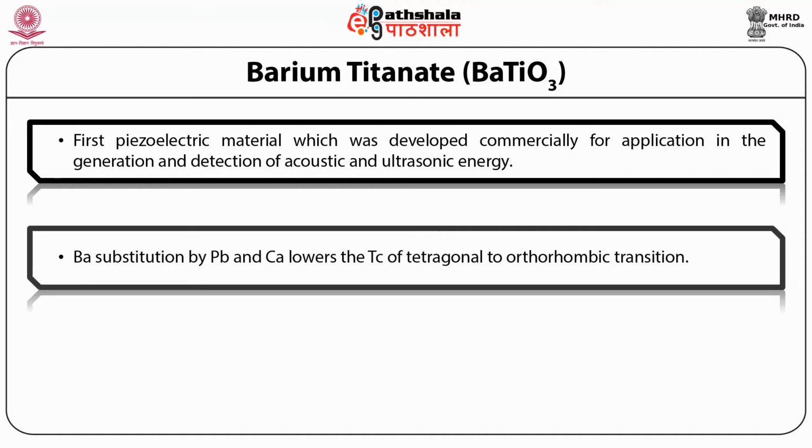So the barium substitution by Pb, that is lead, and calcium lowers the Tc of the tetragonal to orthorhombic transition. This has been used to control the piezoelectric properties around 0 degrees Celsius, which is very important for underwater detection and echo sounding.